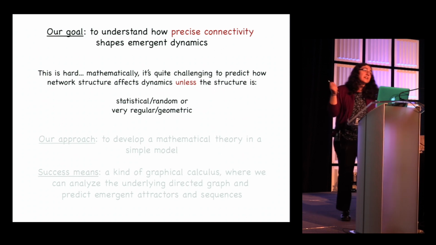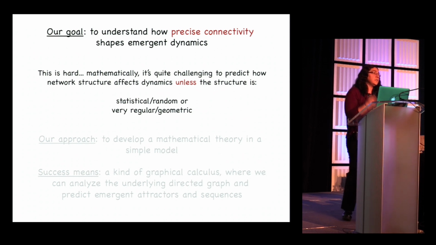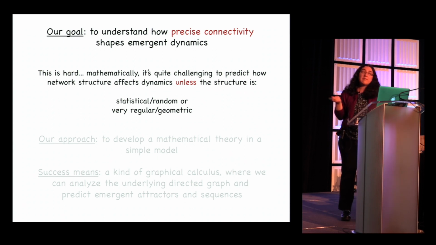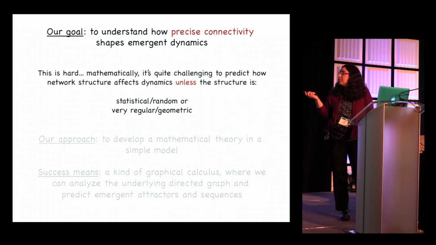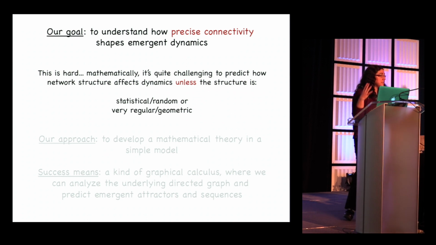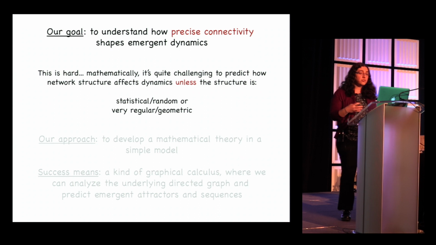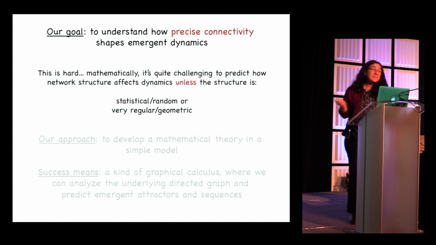But it's challenging, and it's challenging not just because we don't know enough about neural networks in the brain. It's challenging because mathematically it's hard. If you want to look at how network structure affects dynamics in a situation that is not the extreme of statistical random properties or very regular geometric structure, there aren't that many results.